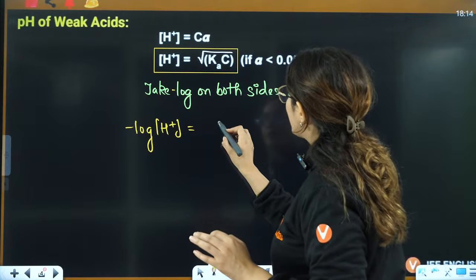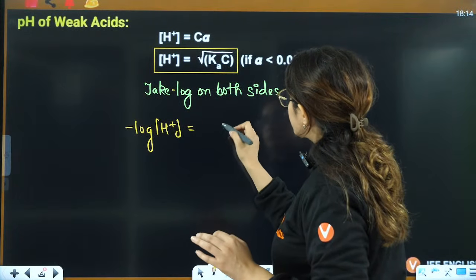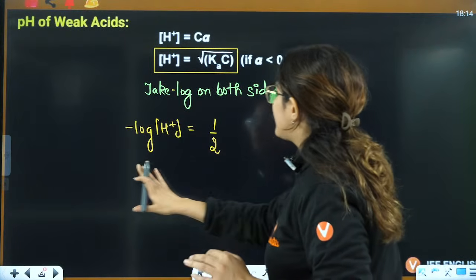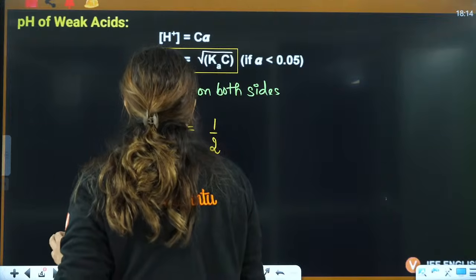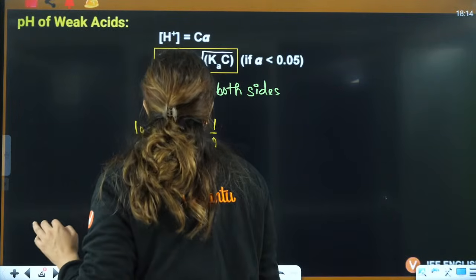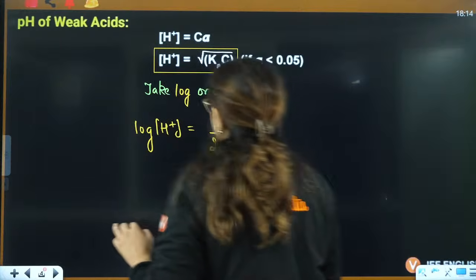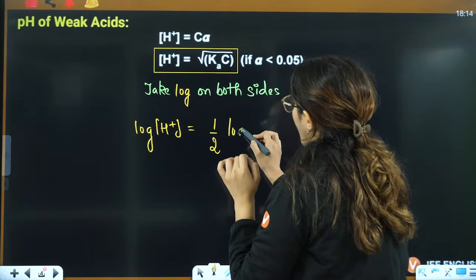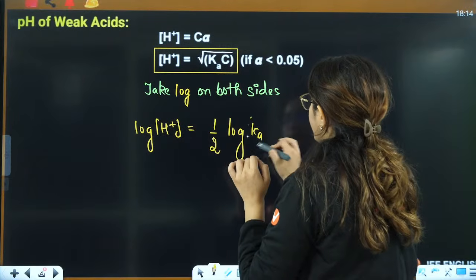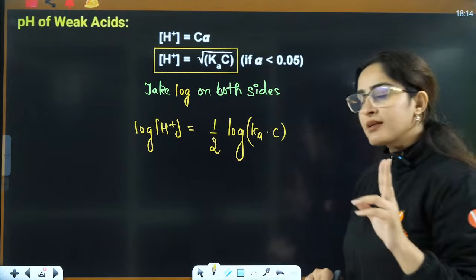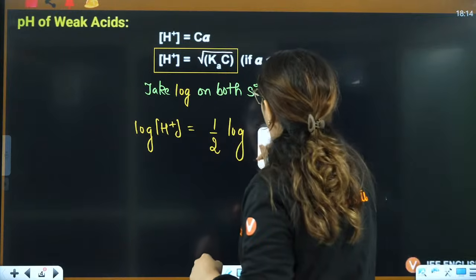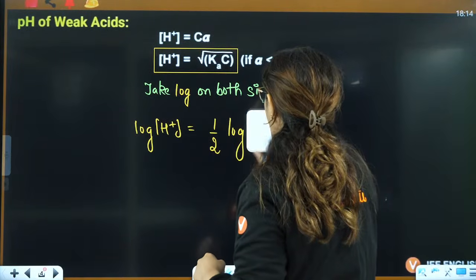When you take the log here, half will come in front. Let's not take negative log, let's take positive log only; negative I'll put after that. Log of H positive equals half into log of Ka into C. Whenever two things are in multiplication, log is added, so it will become log of Ka plus log of C.